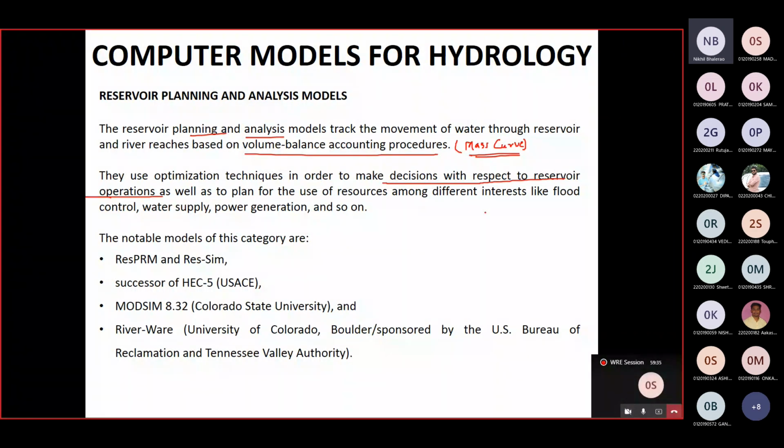These models also help us with flood control, water supply, power generation, etc. HEC-PRM, HEC-ResSim, or HEC-5 and MODSIM are some of the familiar software known for reservoir planning and analysis.